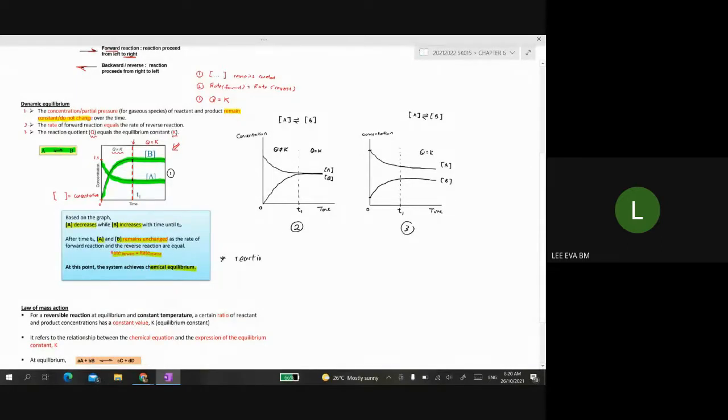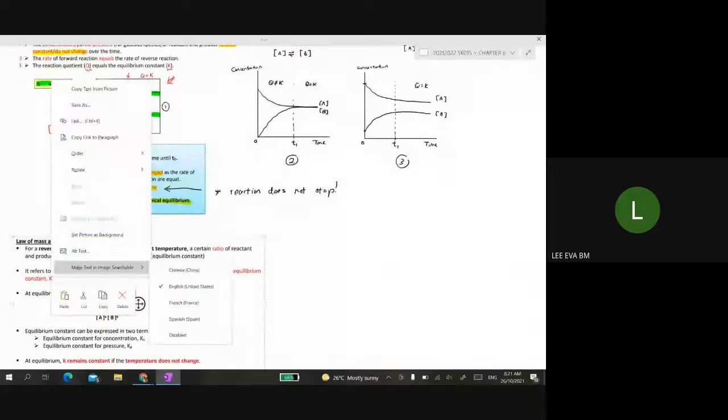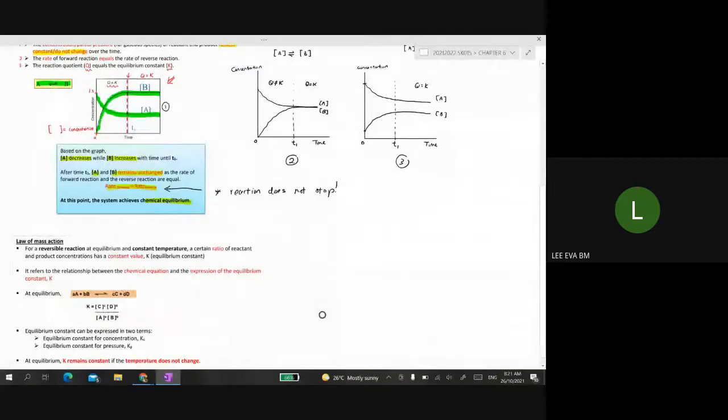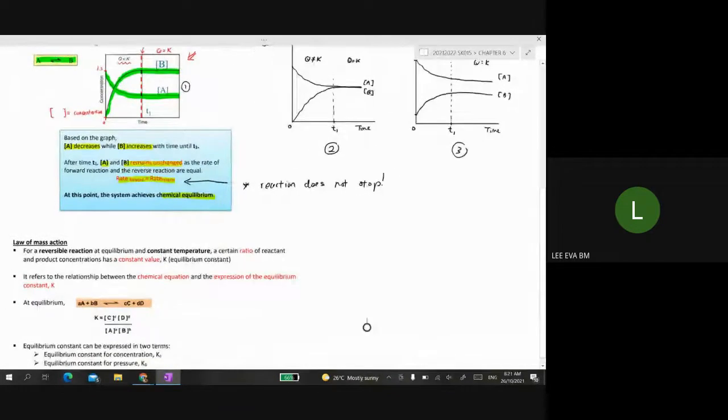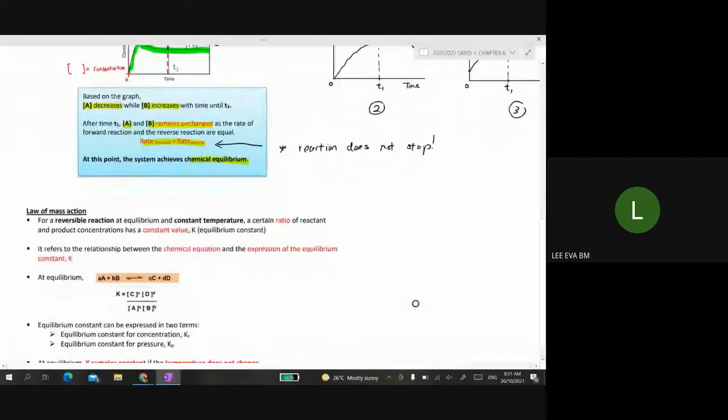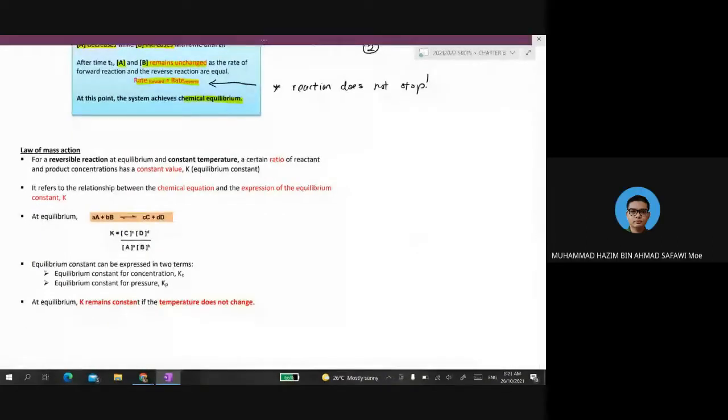Okay, reaction does not stop. Keep going. So you will have the rate forward, rate reverse. If the reaction stopped, there would be no rate at all. But we do have a rate, so it means the reaction has not stopped. Okay, everyone's good, yeah? Yes, madam.